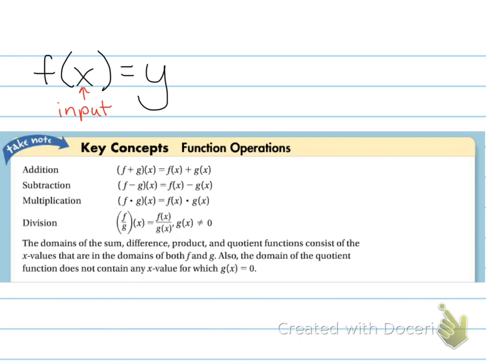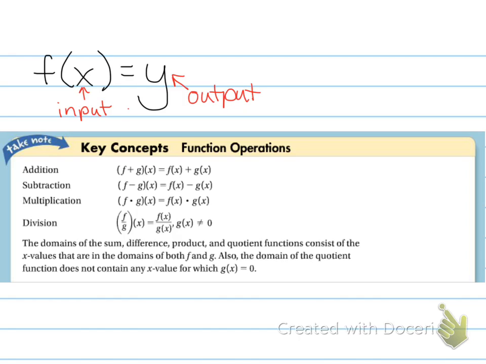So like if they give you f of -3, then you would plug in a -3 everywhere you see an x in that equation. And then the answer that you get back out, which is known as your y, that would be your output, or the answer that you get after you plug in that value that they gave you for the x.